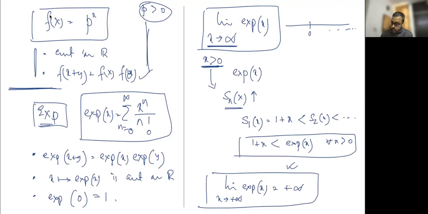Yeah. Okay. Now, what about the limit as x going to minus infinity? If you look at the series, there's a problem because the signs would alternate depending on whether n is even or odd.